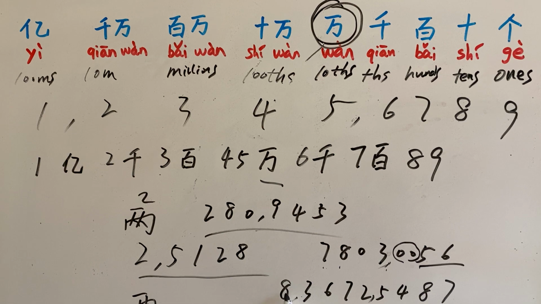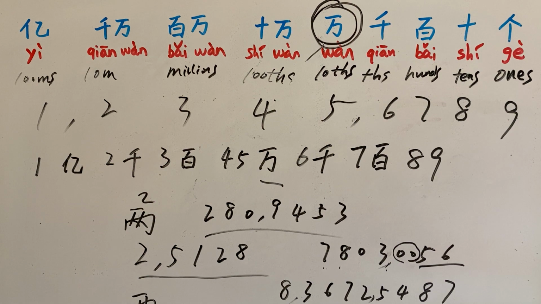So this is 八亿3672, and then comma 万, 3672万5487.